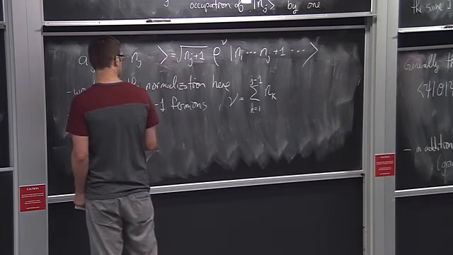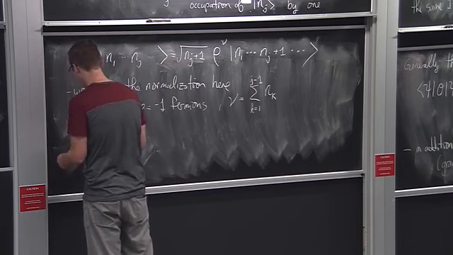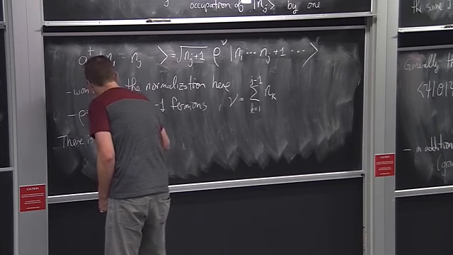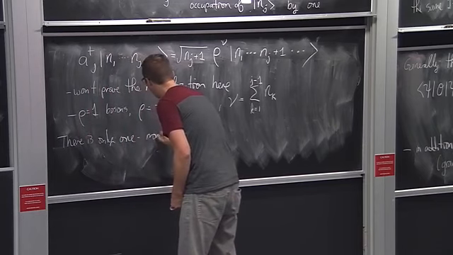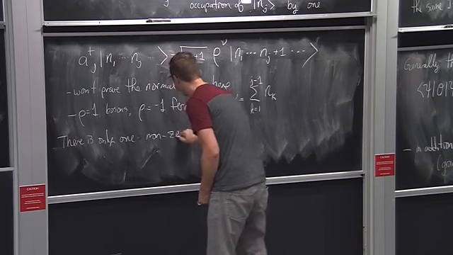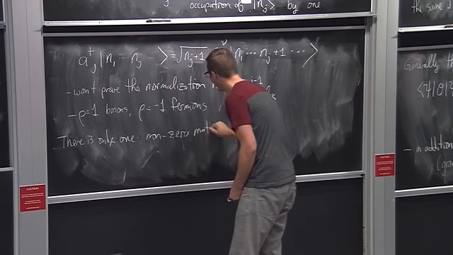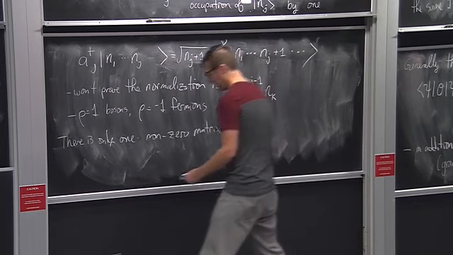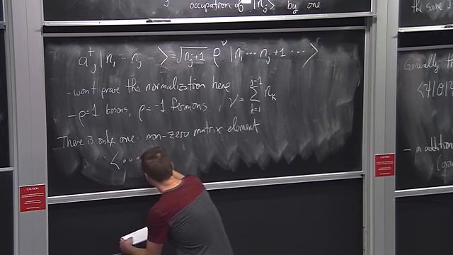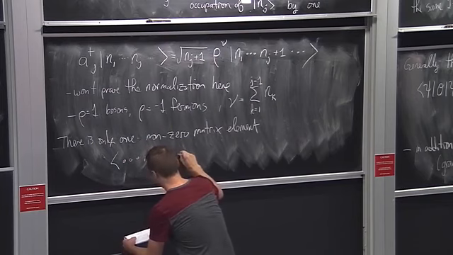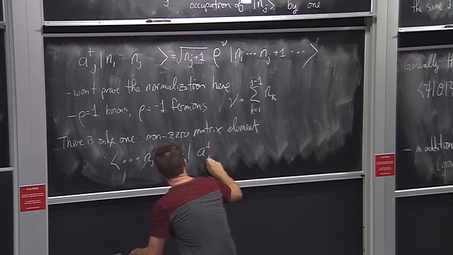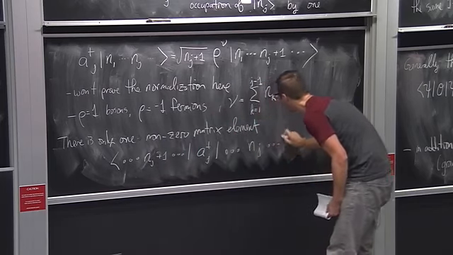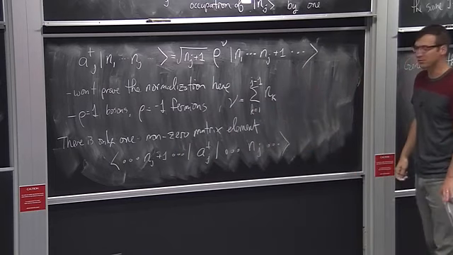So these types of creation operators have only one non-zero matrix element, which makes everything easy. Okay, so that's the non-zero matrix element.